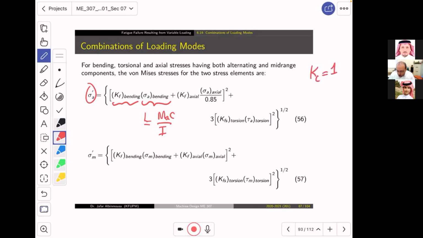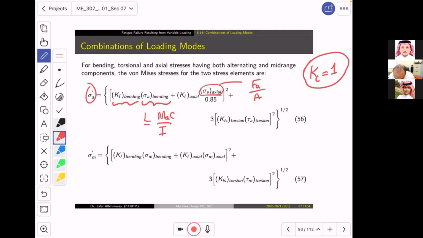K_C should be equal to 1. And we told you that the reason for this is that we are going to adjust for it another way. Now, this is the other way. Look carefully. The amplitude of the axial loading, which is, by the way, F_A over A, the force amplitude divided by area.